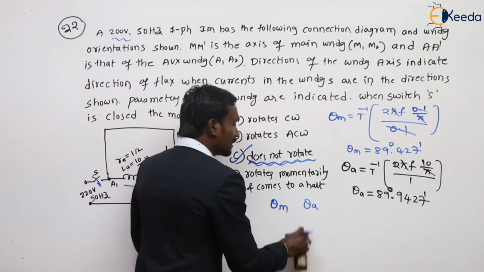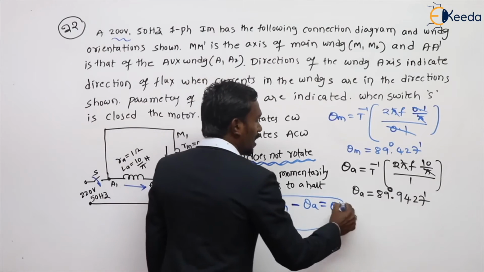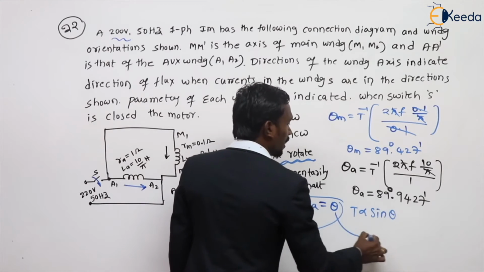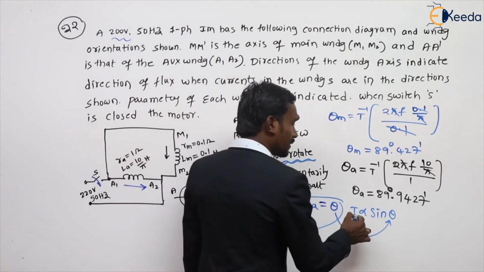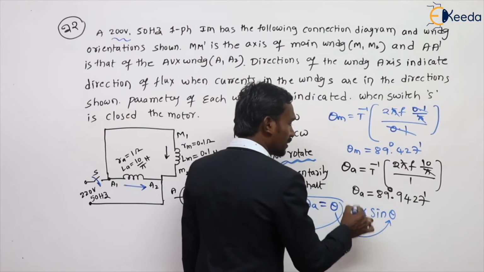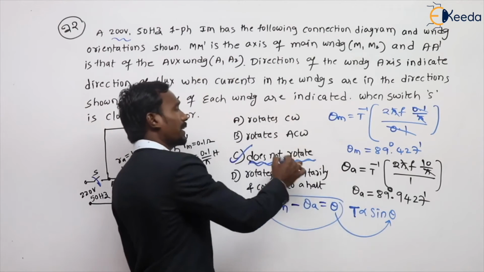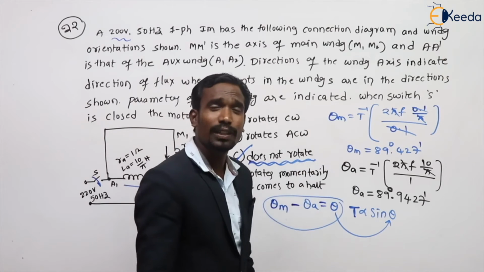Now find theta. Theta m minus theta a is equal to theta, and torque is directly proportional to sine theta. Substitute this theta here, then we can get the torque, and this torque will give you the direction of rotation.